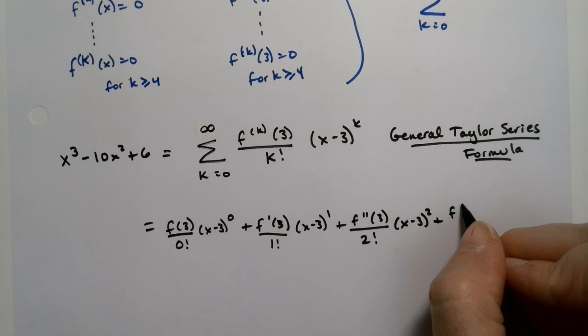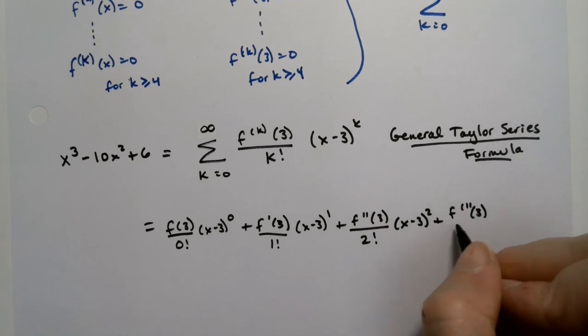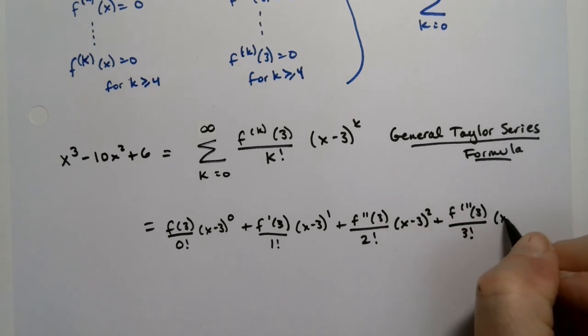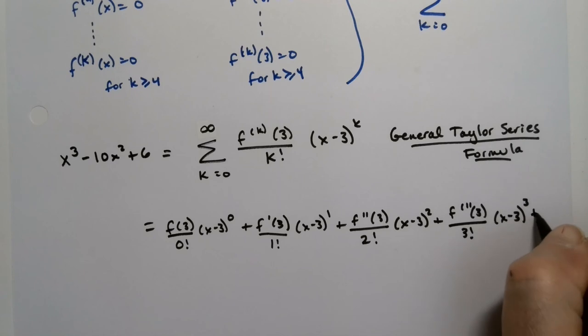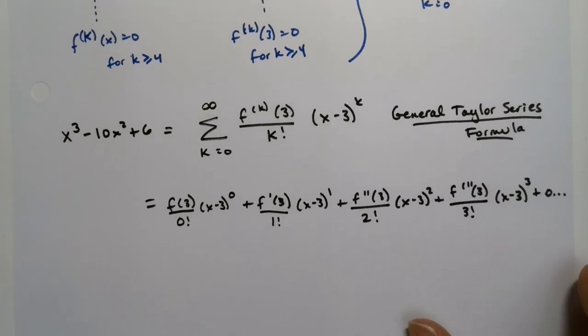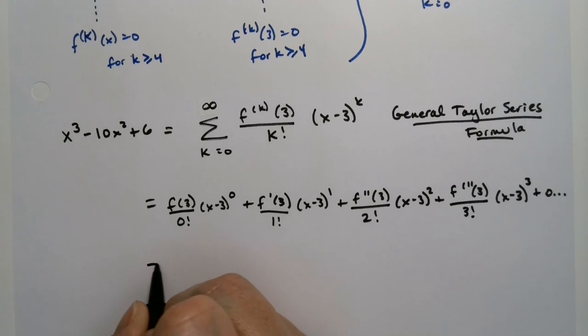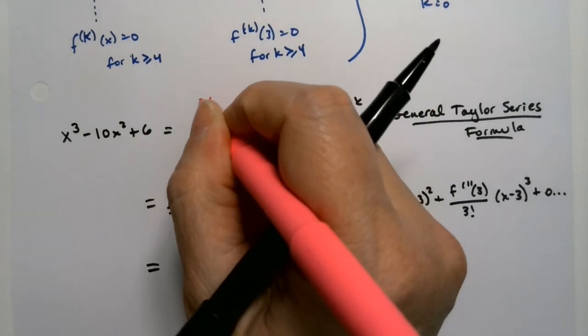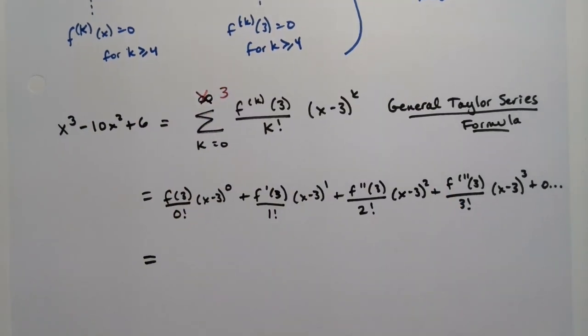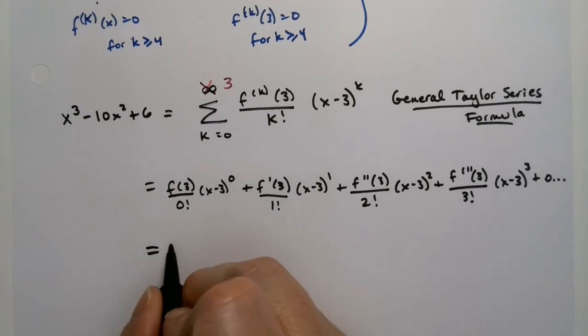Last term will be the third derivative at 3 over 3 factorial times x minus 3 to the third plus 0, right, from then on. I'm just going to make a note right here. We're going to stop at 3, so we're not going to go to infinity.